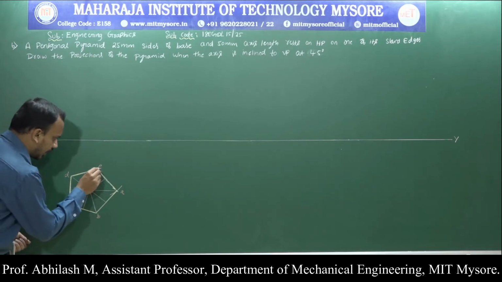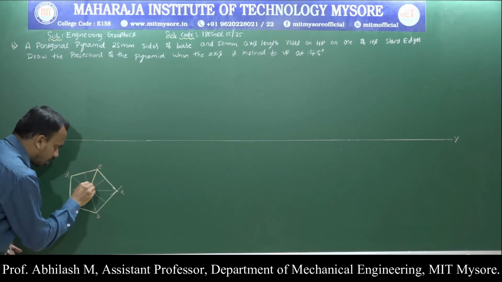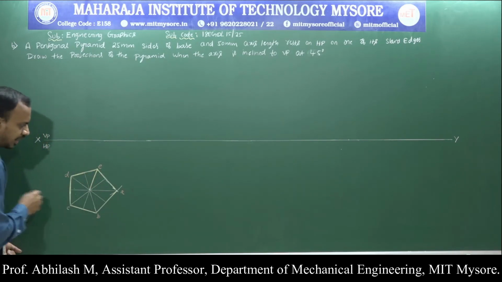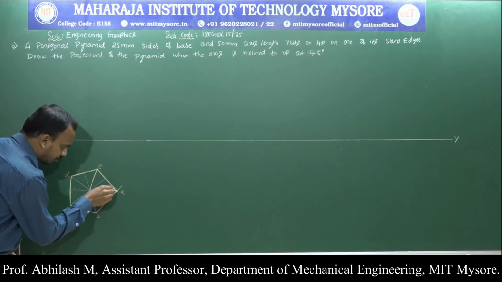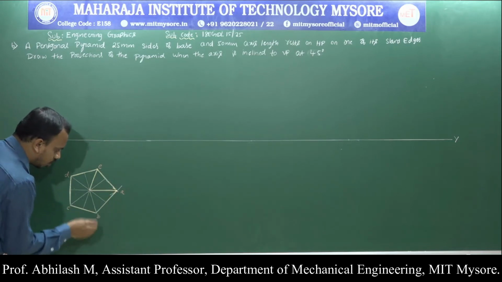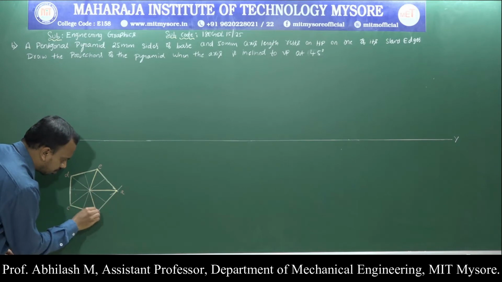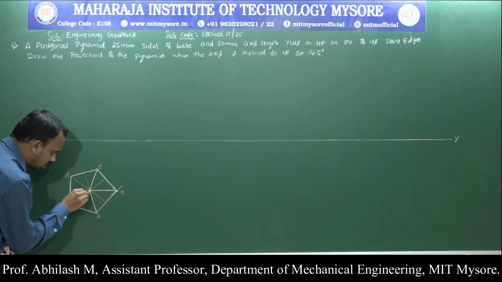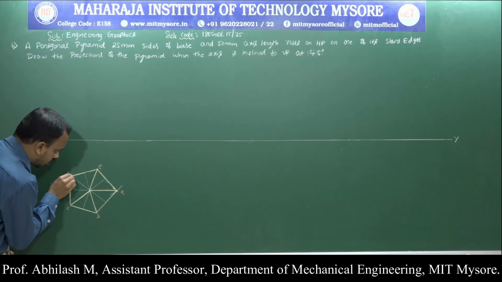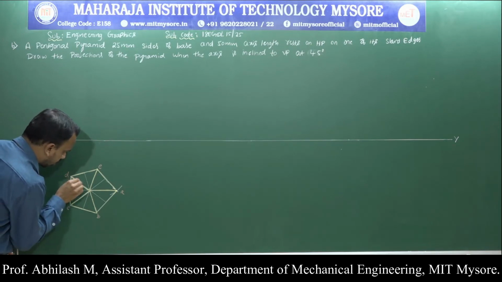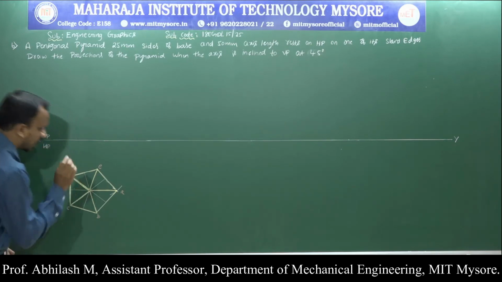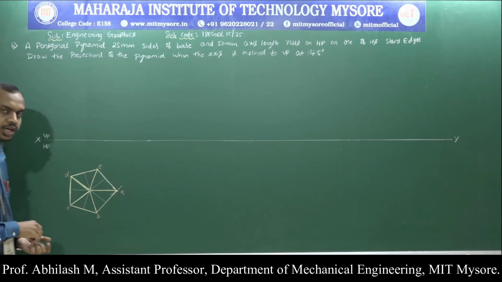From E to O or O1 it is completely visible. From A to O, similarly from B to O, C to O, and from D to O. So these portions are completely visible from the top.